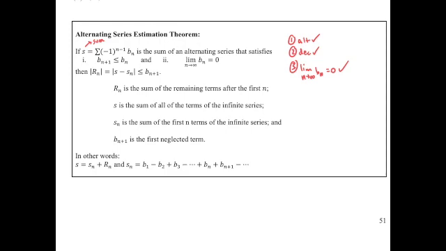There's a couple pieces of this that we have to walk through, and I'm going to give you some examples in addition. But first off, R sub n, as you can see, is the sum of the remaining terms after the first n. I know that seems really confusing, but I'll try to explain it in a moment. Number two, let's do the S first.